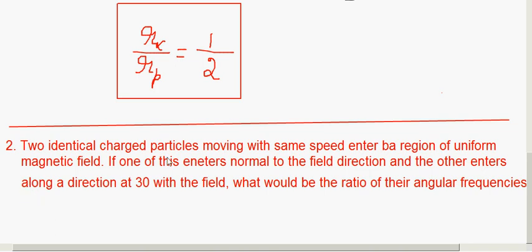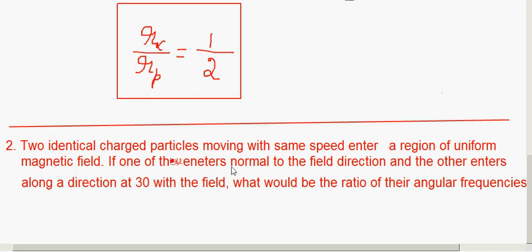Two identical charged particles moving with the same speed enter a region of uniform magnetic field. If one of these, it should be these, please correct it.